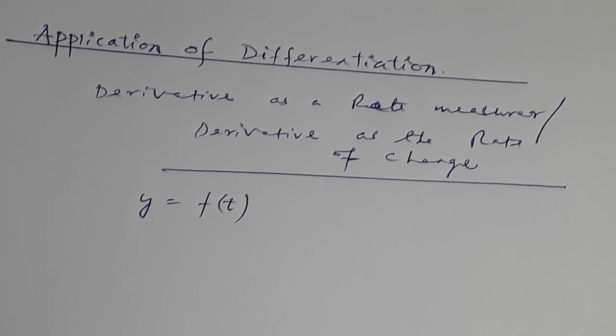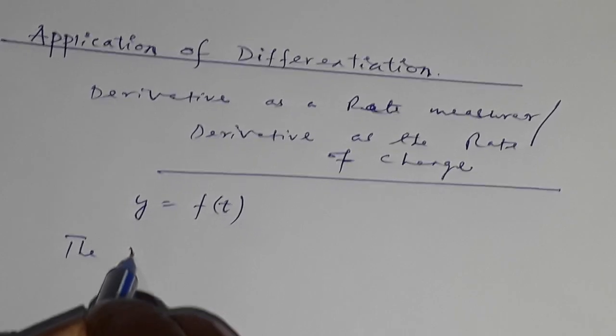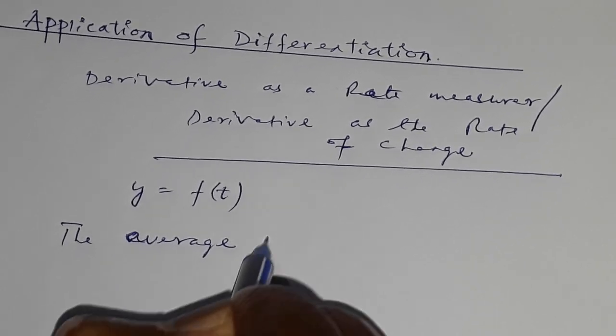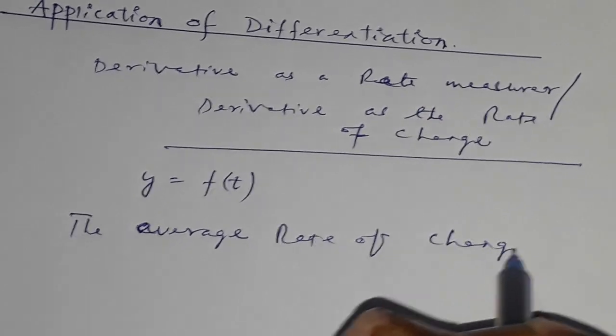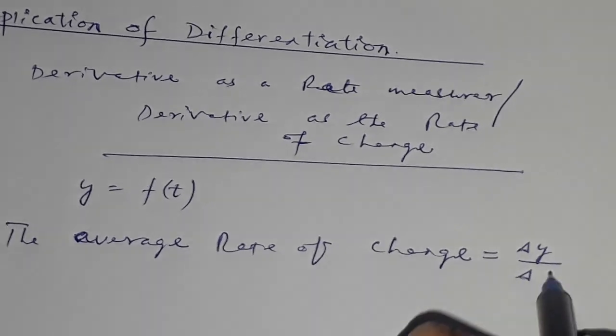Thus, the average rate of change is equals to del y by del t.